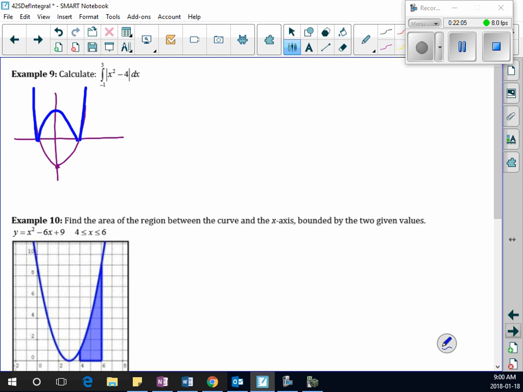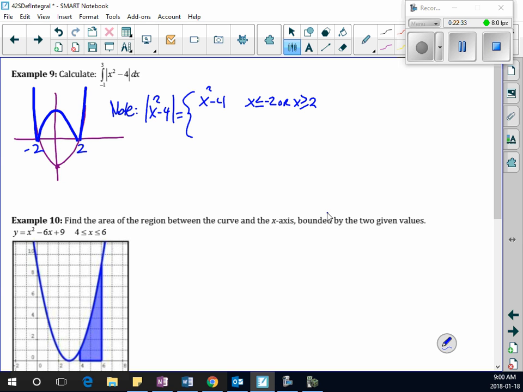So I will write it out. So note, the absolute value of x squared minus 4 is equal to two different functions. It's equal to the parabola x squared minus 4 when x is less than or equal to negative 2, or x is greater than or equal to 2.